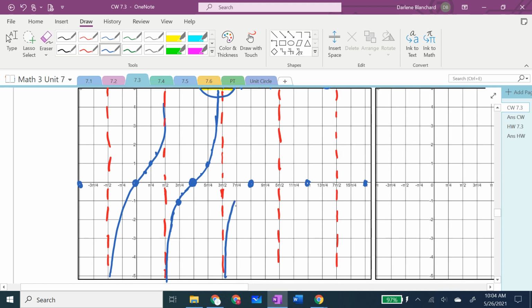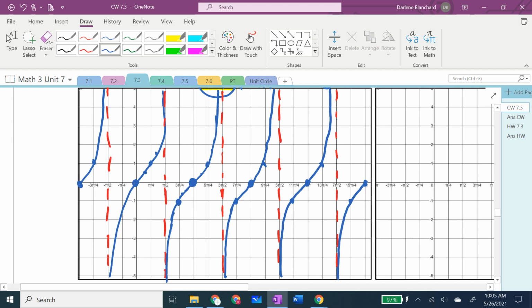So now I'm doing a kind of a quick draw, but I want to do a little bit better than a quick draw. There we go. So tangent is always moving from left to right upward.